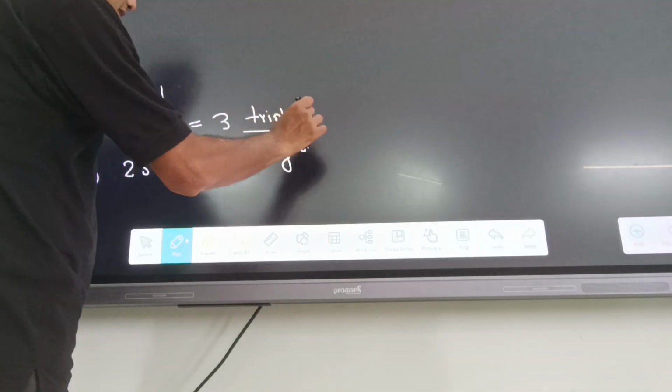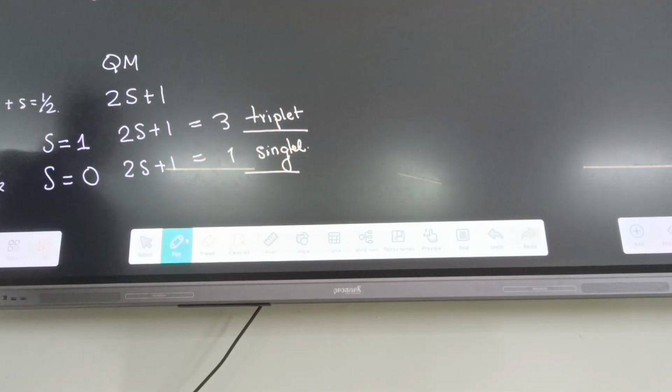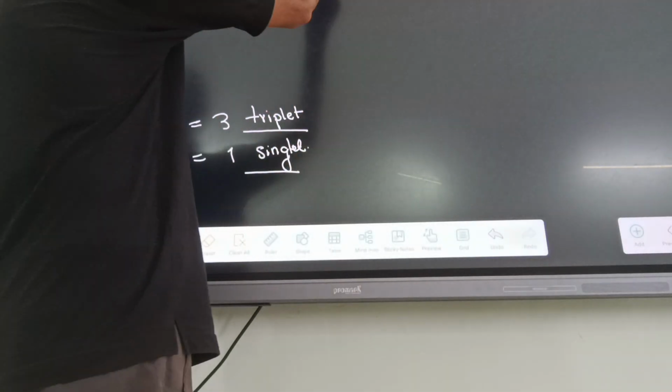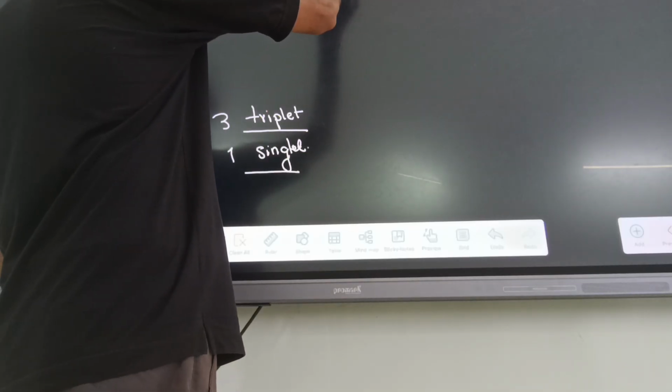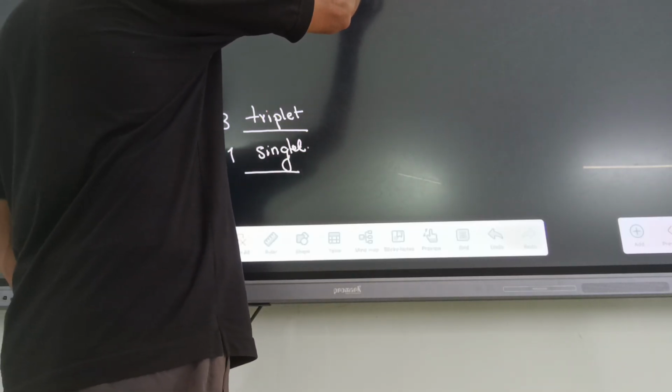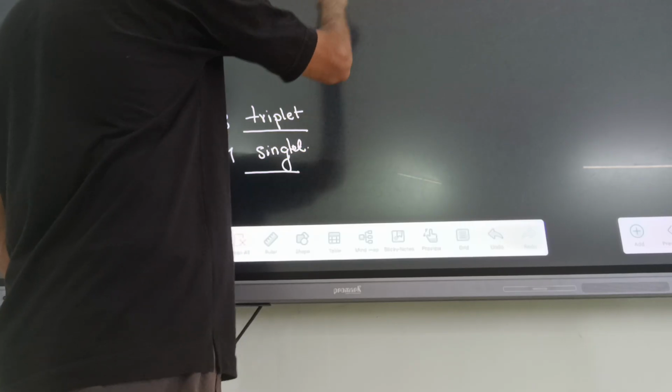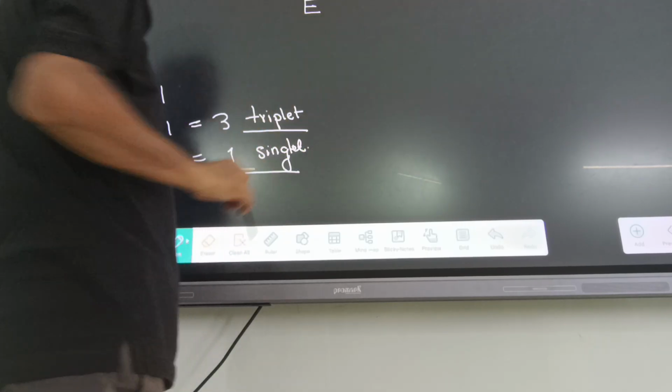There is a triplet state and there is a singlet state, and molecules have energy.